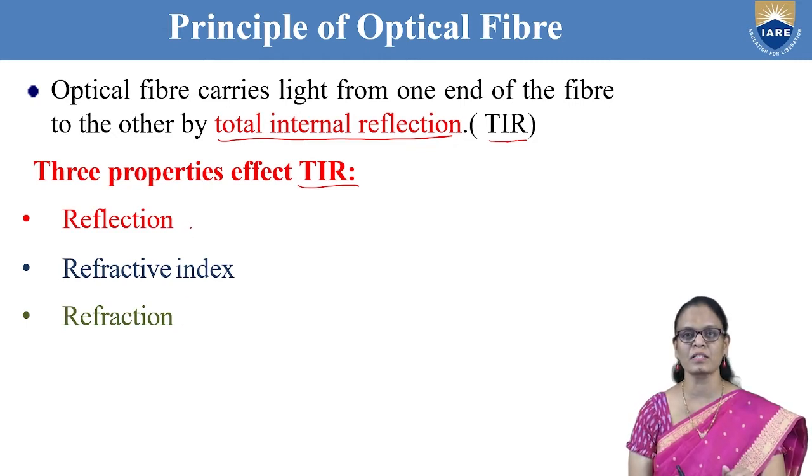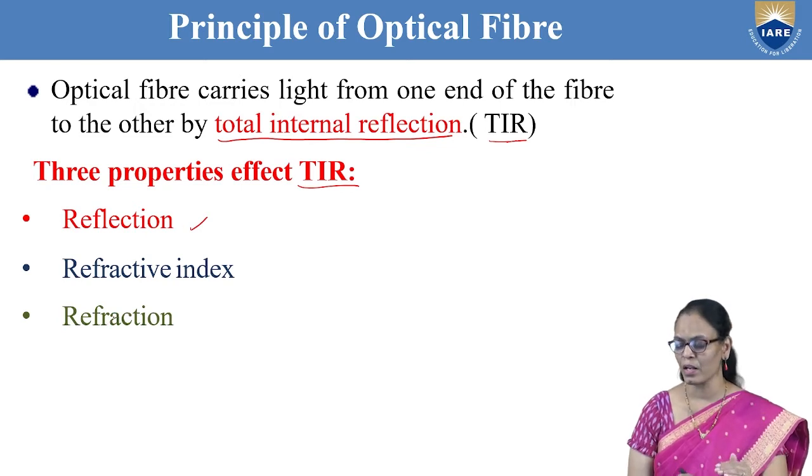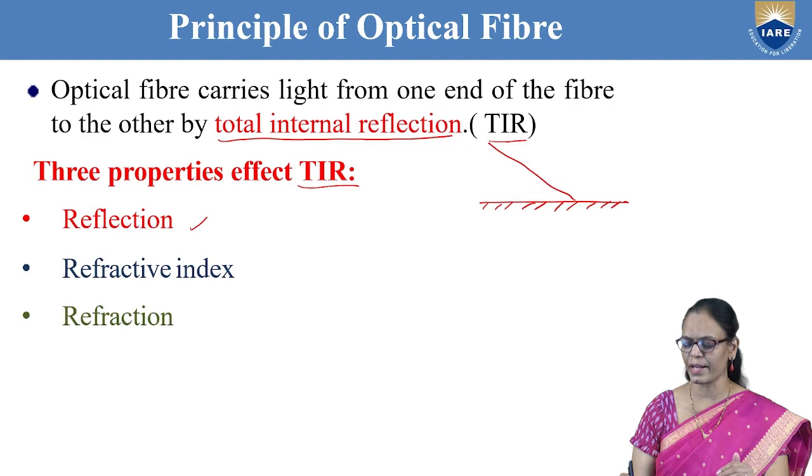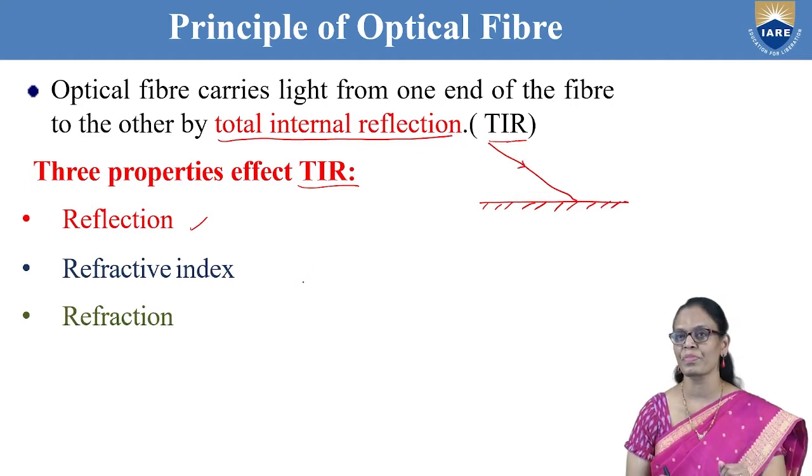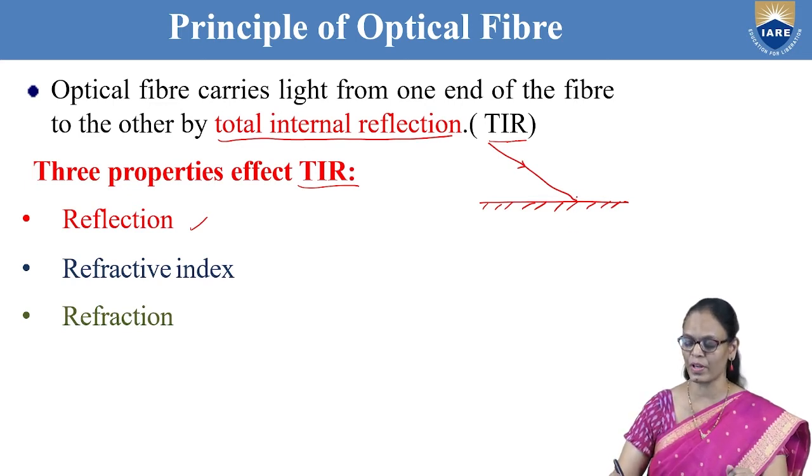The first one is reflection. What is reflection here? When you have a polished surface and light is incident on this surface, because it's a polished surface, light cannot transmit through the surface, but it gets reflected.